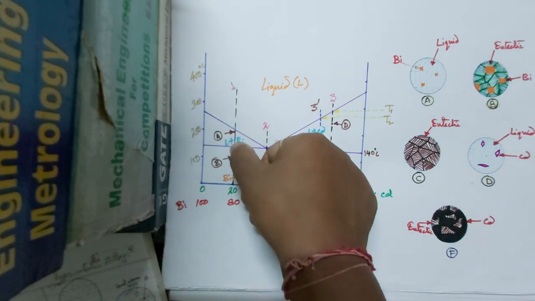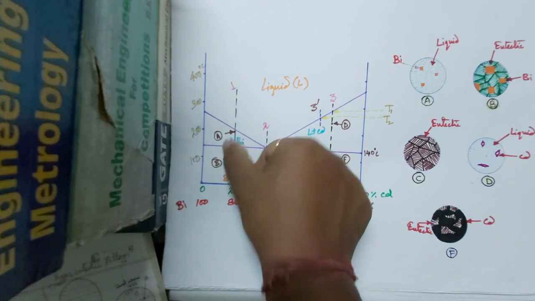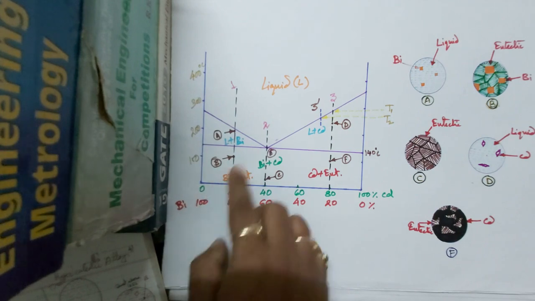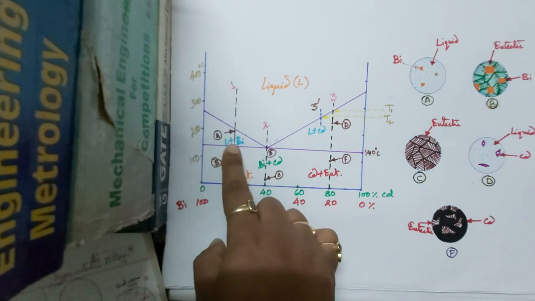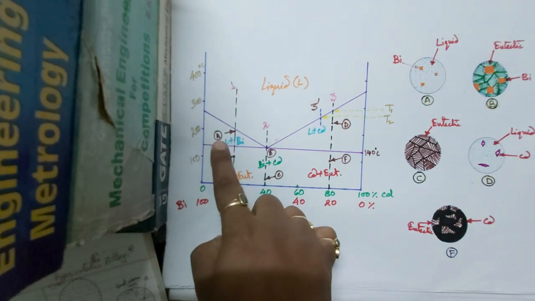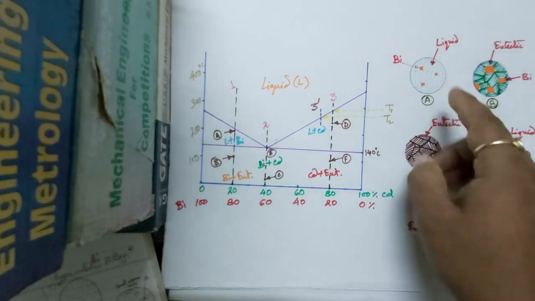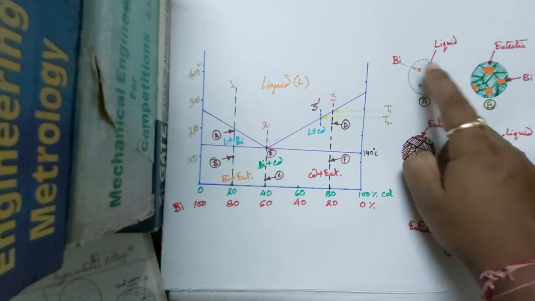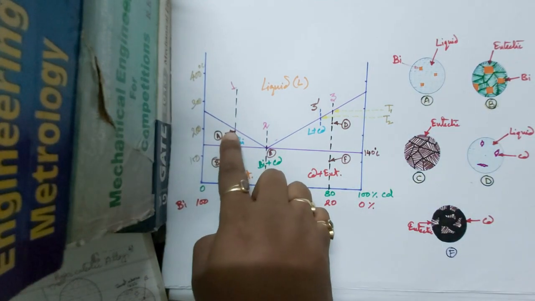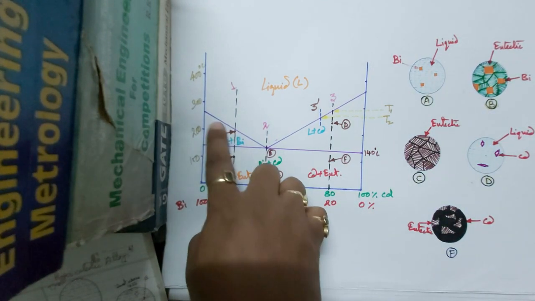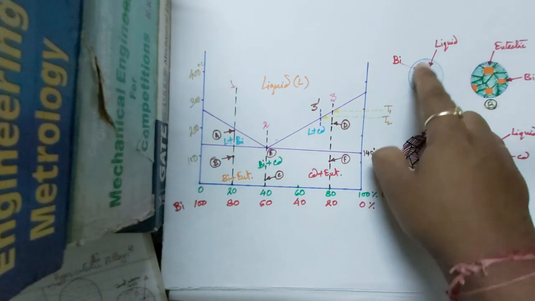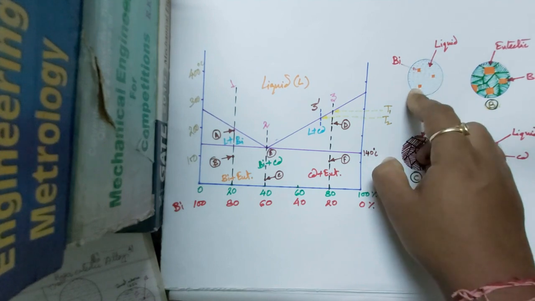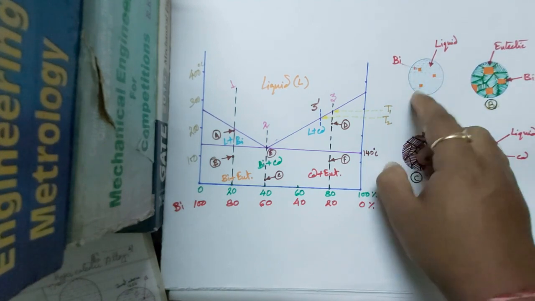So at A point we have liquid plus bismuth, as in this place we have a bismuth rich region. So A point consists of liquid plus bismuth, and the microstructure is like this. This point is just below the liquidus line, so the liquid phase is maximum and a little amount of bismuth has been converted into solid phase.